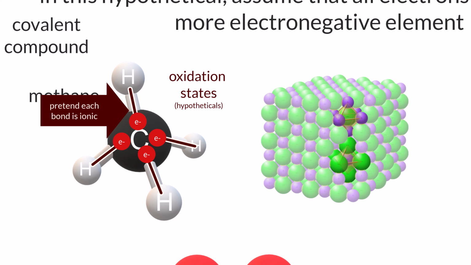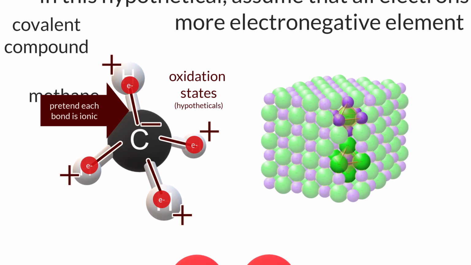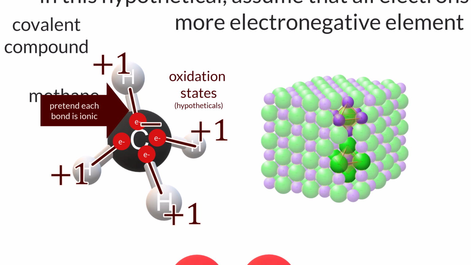If this was the case, the electrons will be pulled towards the more electronegative atom, which will be given a negative oxidation number, and the less electronegative elements that the electrons are being pulled away from are given a positive oxidation number. So in the case of CH4, 1 electron will be pulled away from each hydrogen atom, giving each one an oxidation number of +1, and the 4 total electrons will be pulled towards the central carbon atom, giving it an oxidation number of -4.